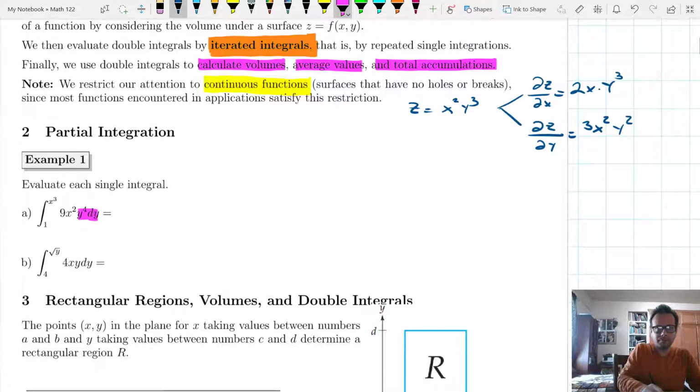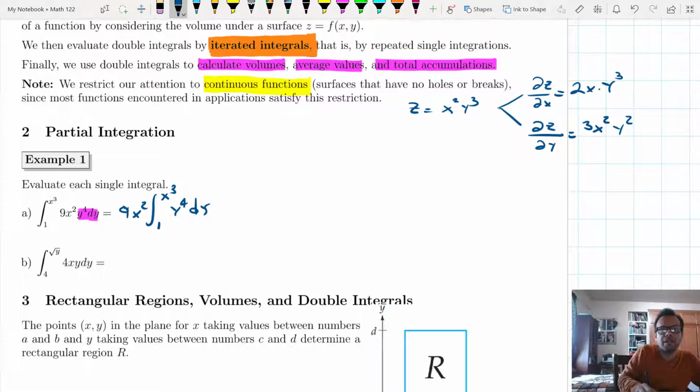So I'm going to rewrite the integral: pull 9x squared out of the integral, and integrate from 1 to x cubed, y to the 4th dy.